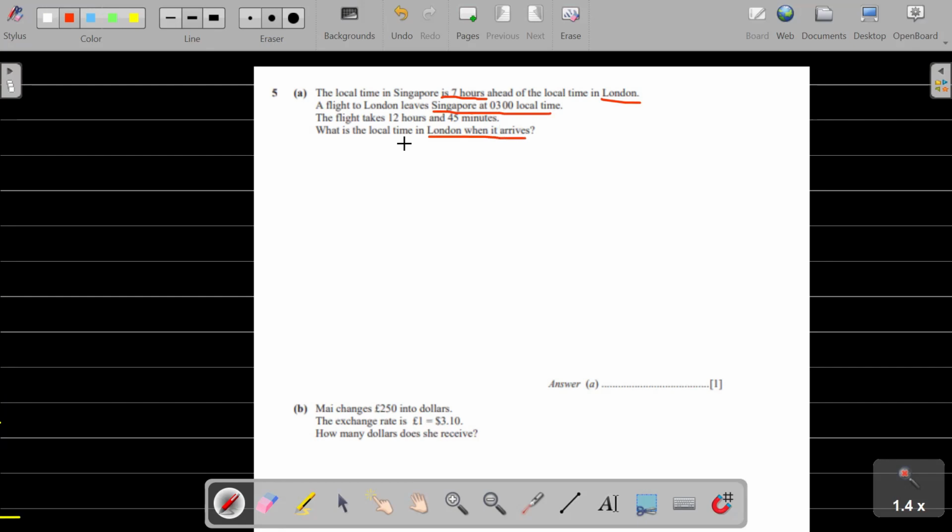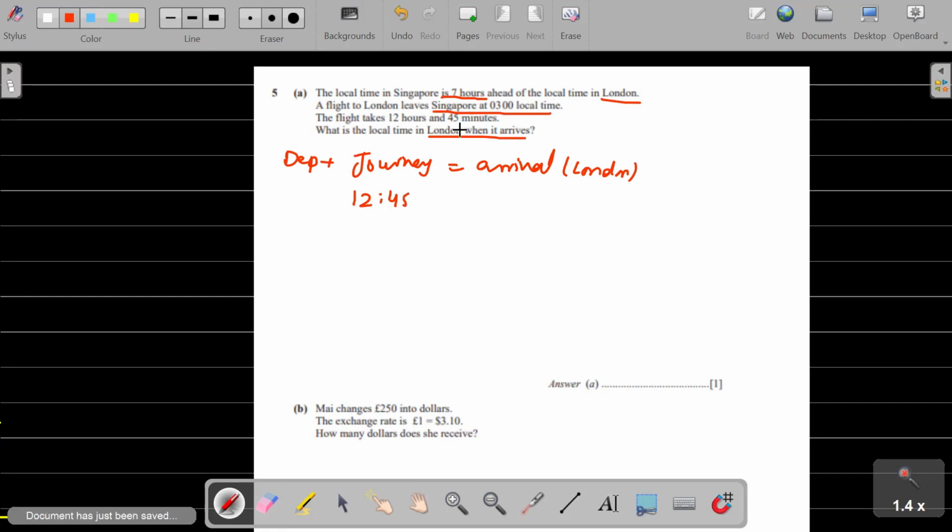Okay, we don't know that time. I told you before the equation, which is departure plus journey is equal to arrival. Okay, and here we are going to discuss the arrival of the flight at London. But we don't know anything except the journey time, which is 12 hours and 45 minutes. But I can calculate my departure time from it.